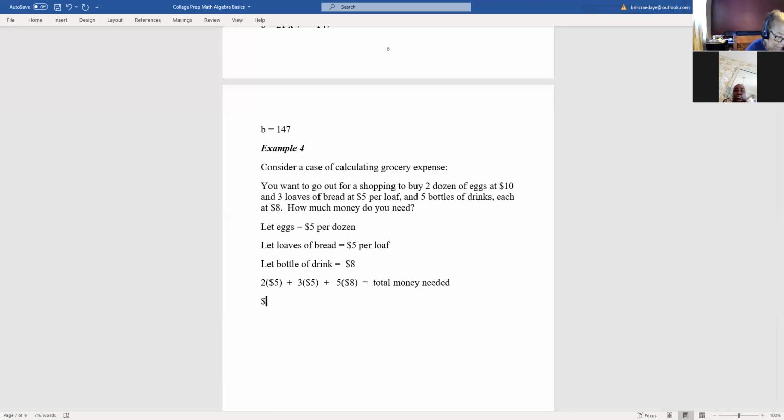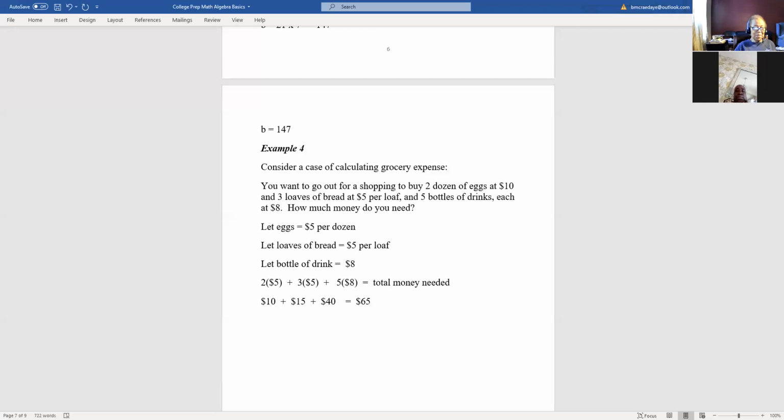Let's see, that's 10 plus 15. So let's put the 15. And the drinks plus 40. Okay. So 10 and 15 is 25, and 40 is 65. The total money needed would be $65.